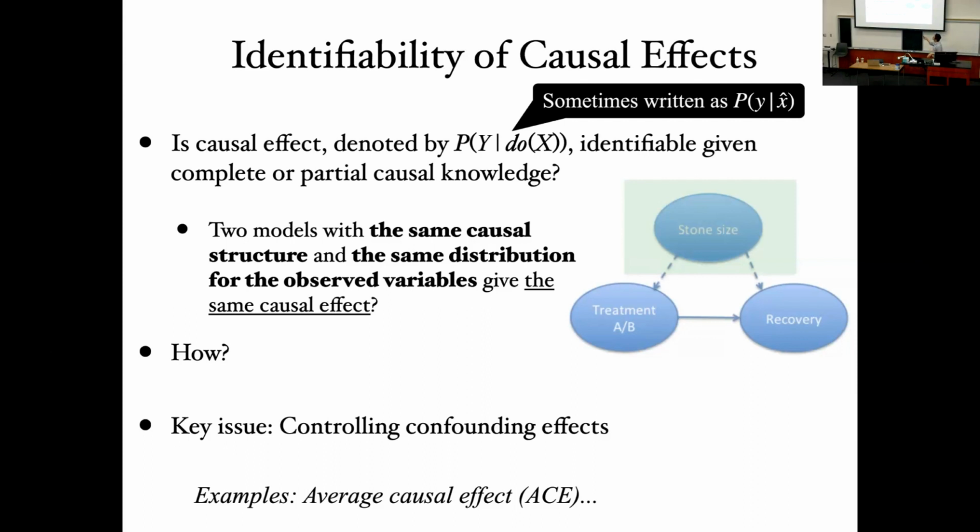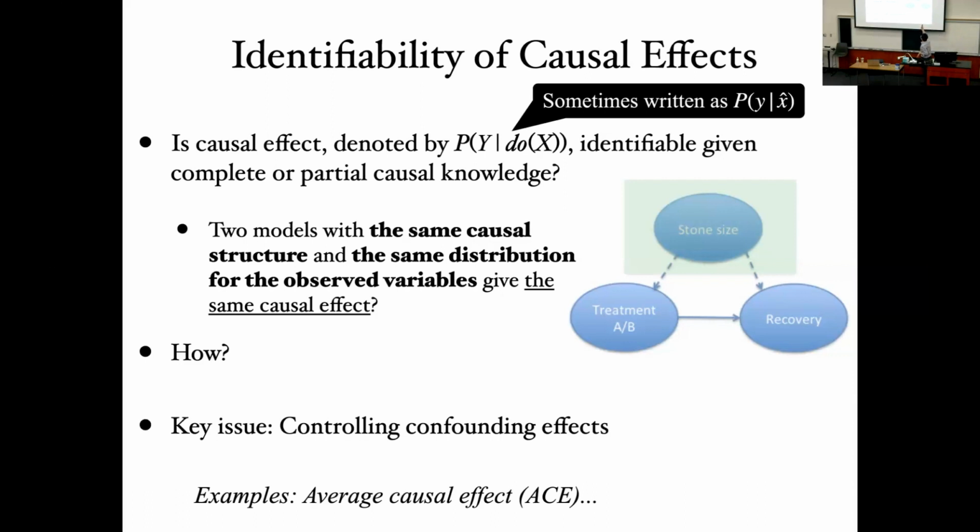And then you want to see whether they always give exactly the same causal effect. If they always give the same causal effect given by this notation, then in this case the causal effect is identifiable. It's the same thing; you just replace the theta parameter in the previous slide with this quantity.